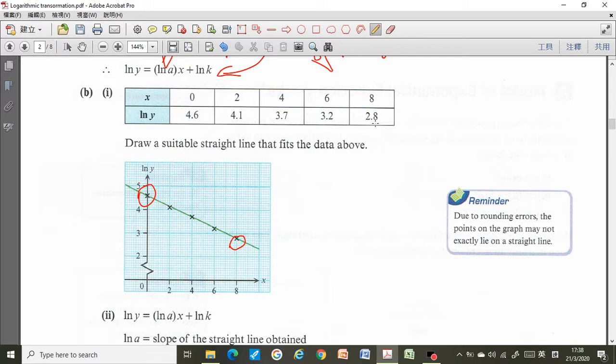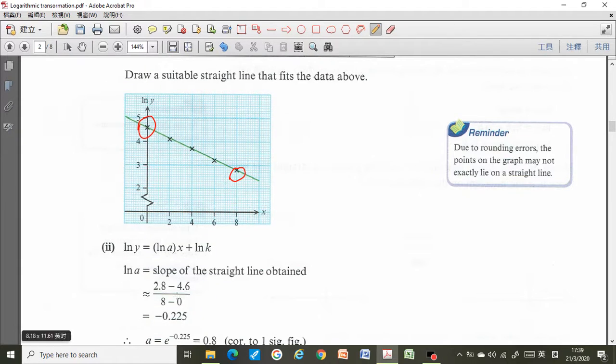To calculate the slope, y2 minus y1 divided by x2 minus x1 is the slope. So we write down log a is the slope, which equals 2.8 minus 4.6 divided by 8 minus 0. You see the slope here is negative, so you calculate negative 0.225.